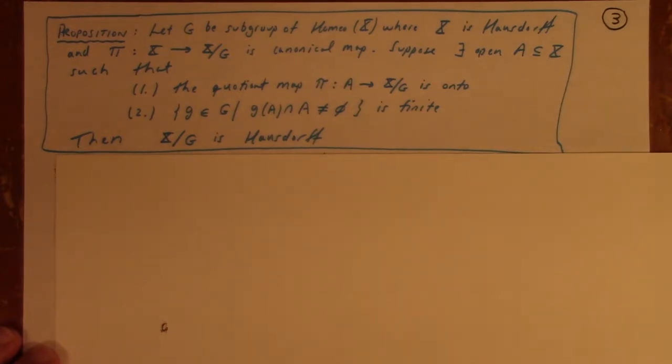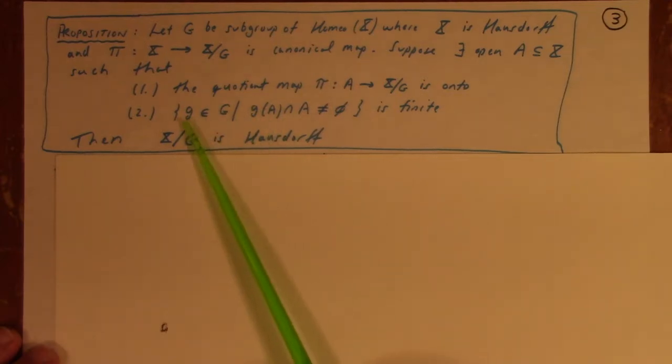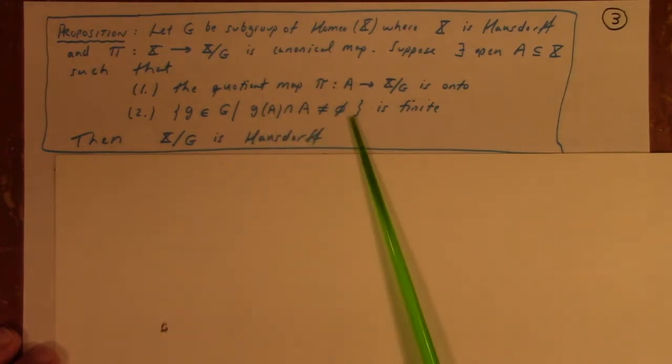There's not that expectation, but there's almost that expectation. And the set of g in G such that g of A intersect A is non-empty is finite.